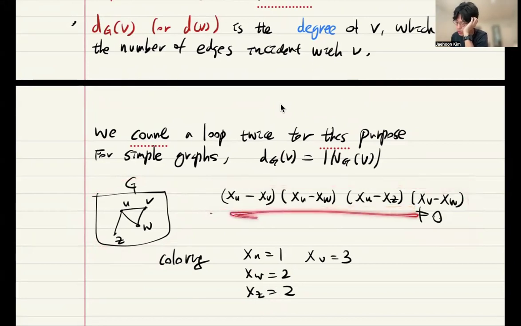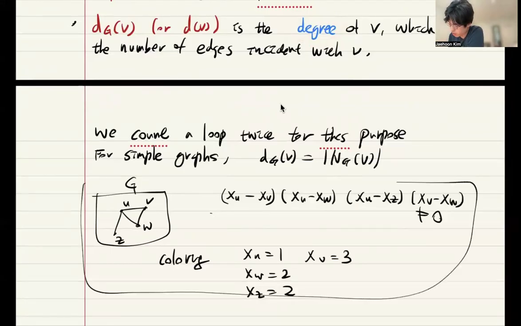In this polynomial, what's the degree of this variable? That's exactly the number of edges incident with it. So hence the name degree comes from. Anyway, this was one way to tackle the four color problem by studying this polynomial, which is called the chromatic polynomial.